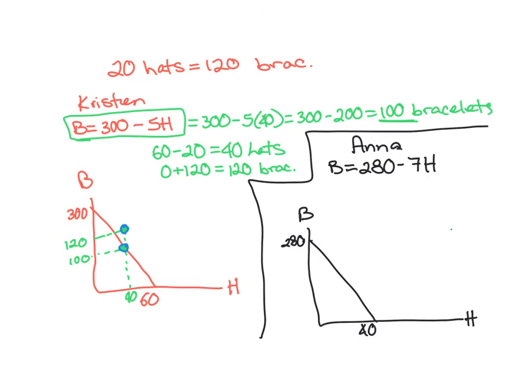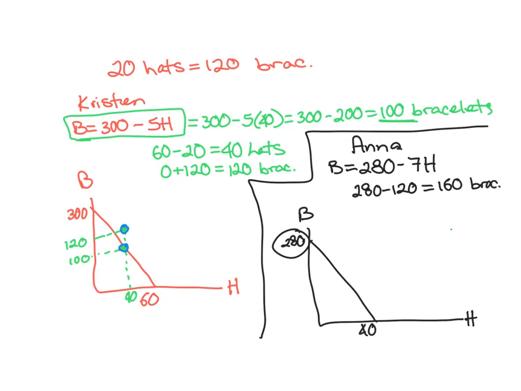So now if Anna has produced all the bracelets, but she traded away 120 of them, then what does she have left in terms of bracelets? So 280 minus 120 is 160.